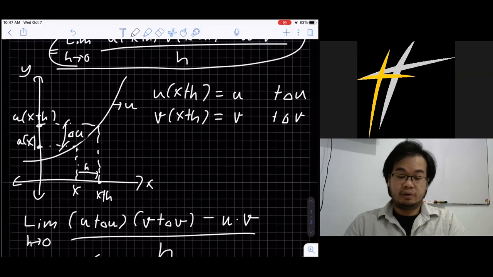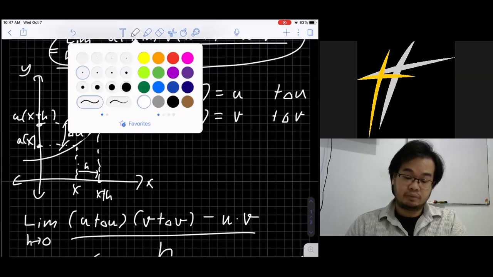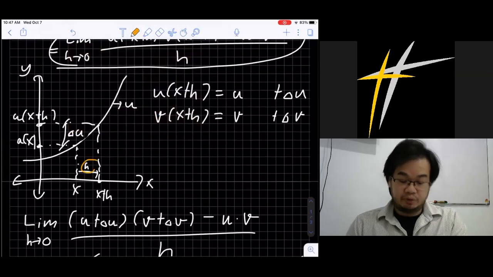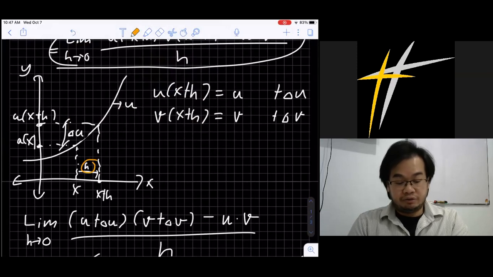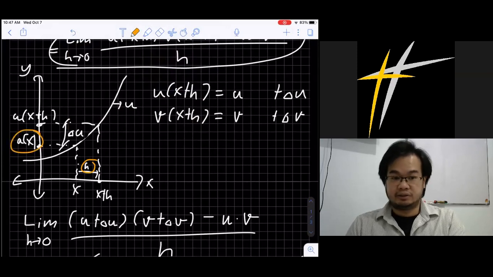this graph. When the h is approaching 0, the value of u of x doesn't change, right? If the h is 1, the u of x will not change. If the h is 2, the u of x does not change. If the h is 0.5, the u of x does not change.